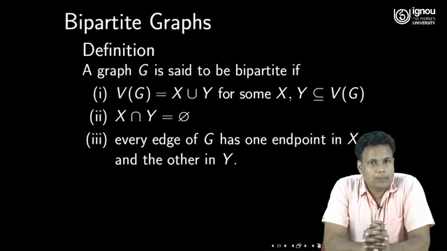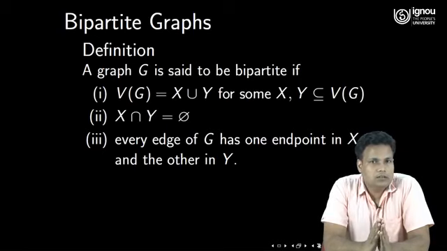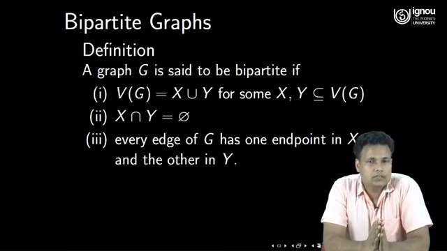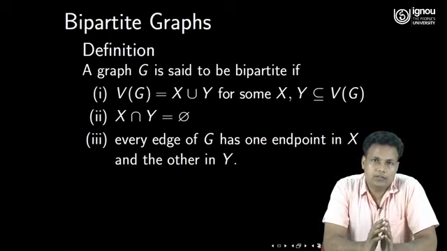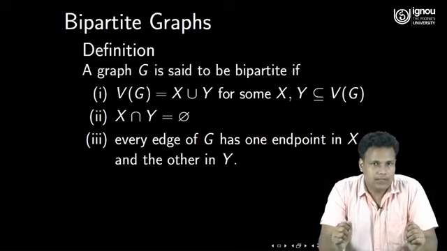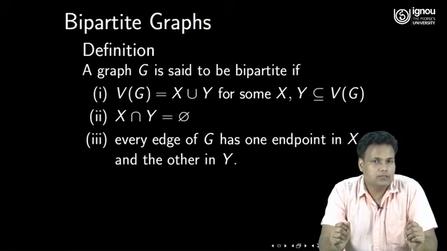So the two subsets X and Y must be non-empty, their union is the whole vertex set, and they are disjoint. So essentially they produce a partition of the graph, and that partition has the property that any edge has exactly one endpoint in one of these sets.